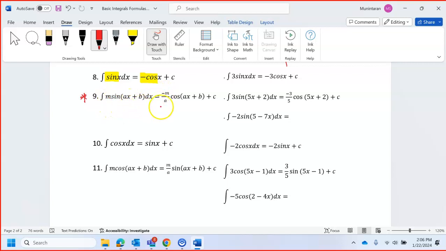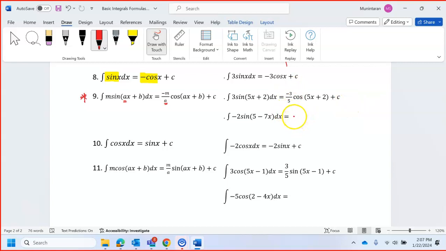M is the coefficient, a is again the coefficient of your x, plus your b. You'll be getting -m over a cos(ax plus b), of course, plus c. Integral of sine is negative cos. So negative 3 over 5 cos(5x plus 2) plus your c.